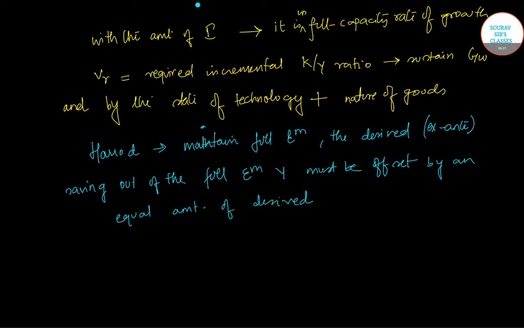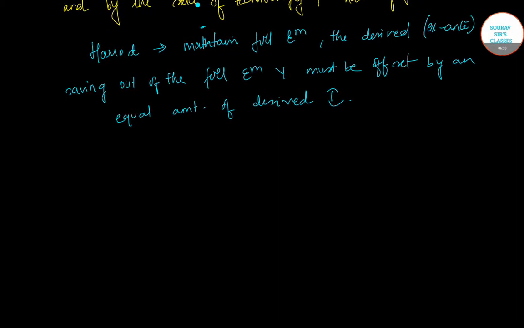But to induce this much investment, what we want is that income must be growing. Now, so we have two equations. The first equation was GY is equal to s by V, and we have GW is equal to s by VR. Now in both the equations above we have the same s, because Harrod actually assumes that savings intentions are always realized.